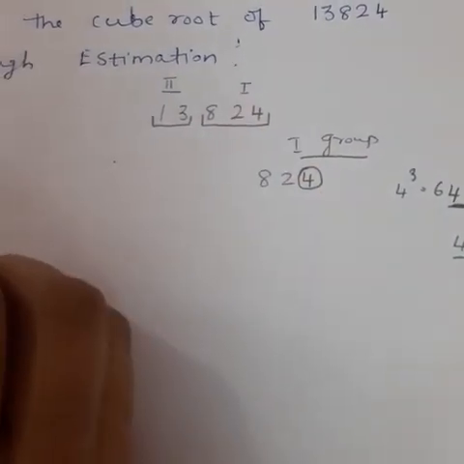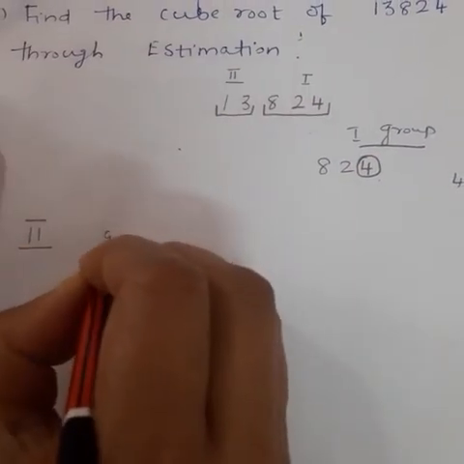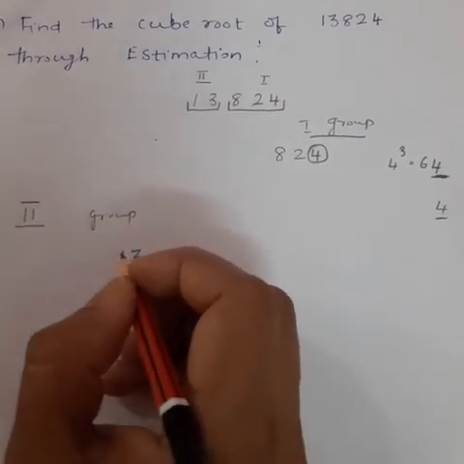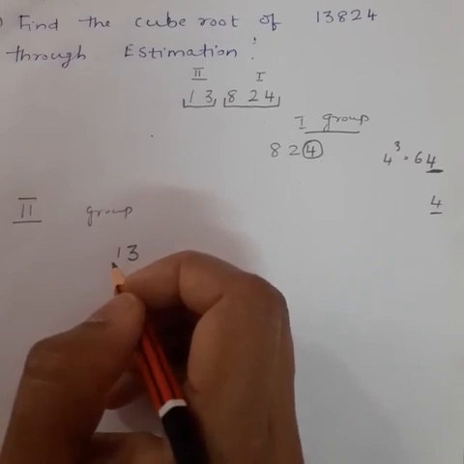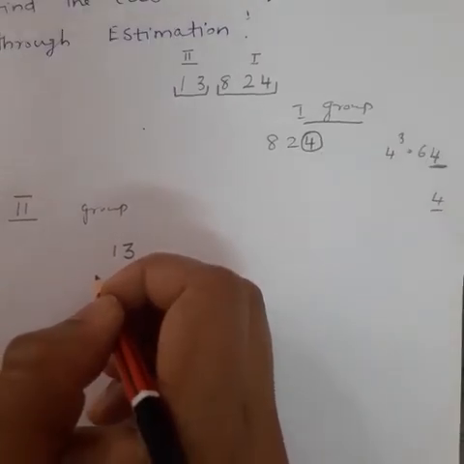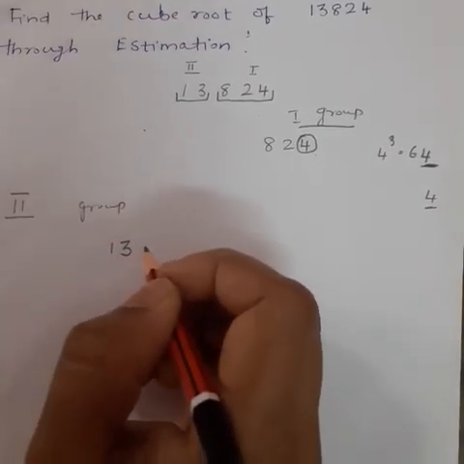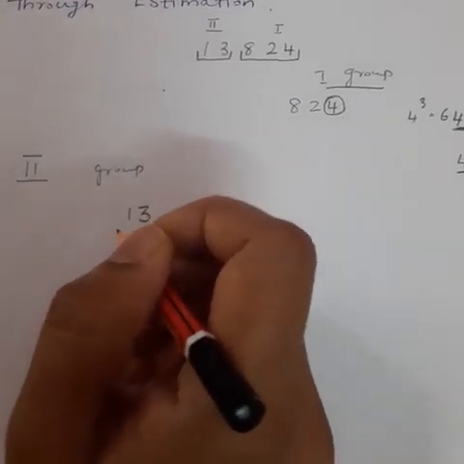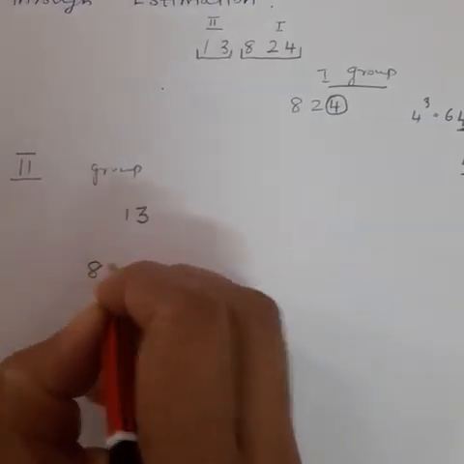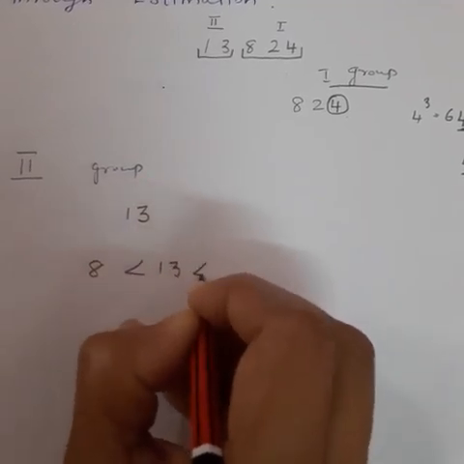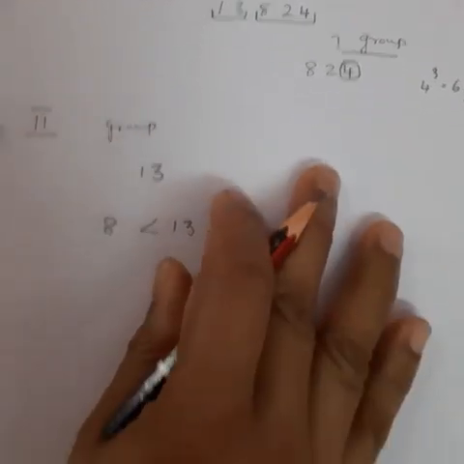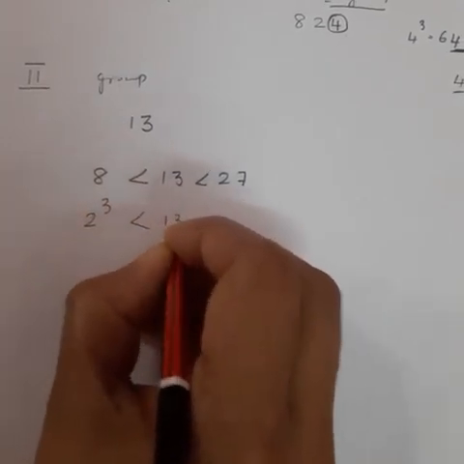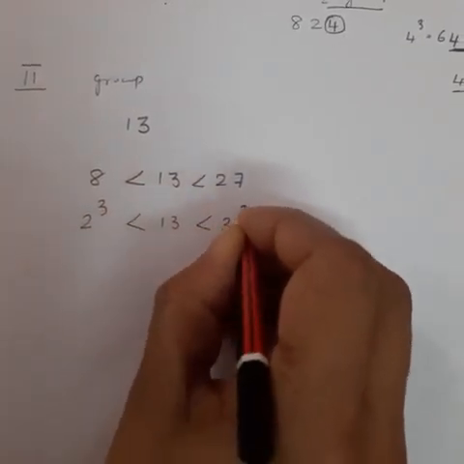Now consider the second group. Second group, the number is 13. So here we have to find the perfect cubes just less than 13 and just greater than 13. We know that they are 8 and 27. So we can write 8 less than 13 less than 27, and that means 2 cube less than 13 less than 3 cube.